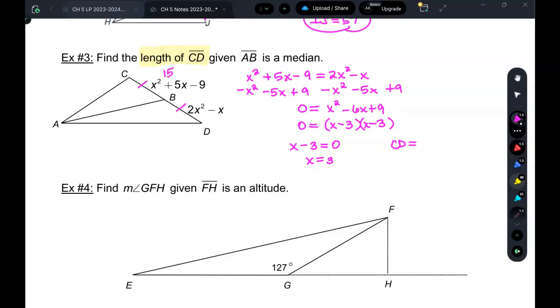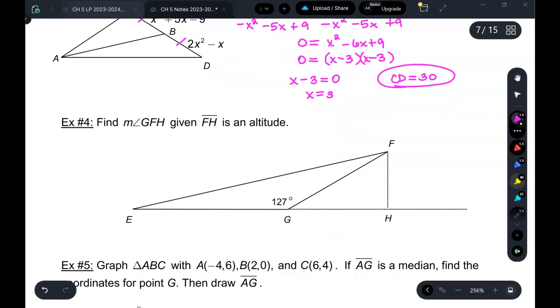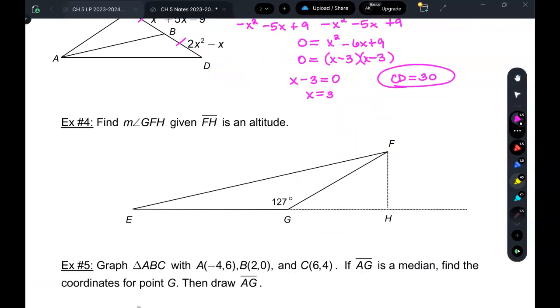Now, BD should come out to be 15 as well, but let's double check and plug it in. 3 squared is 9, times 2 is 18, and 18 minus 3 is 15. So 2 times 15 is 30. Questions there? If you're still having trouble with factoring, come see me.